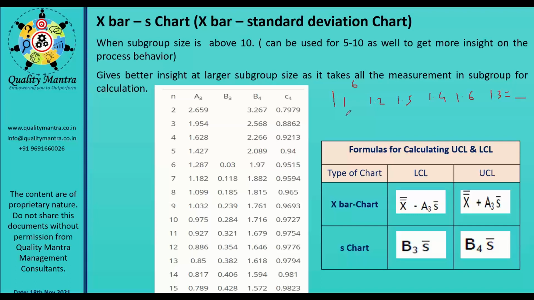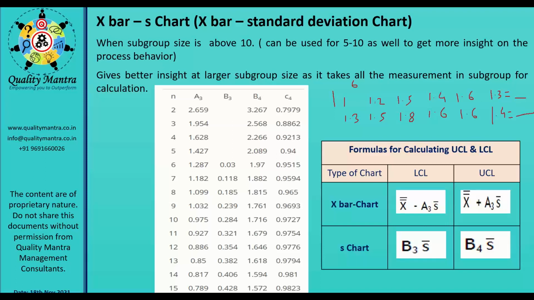And another is again 1.3, 1.5, 1.8, 1.6, 1.6, 1.4.